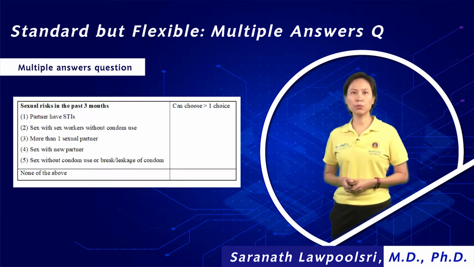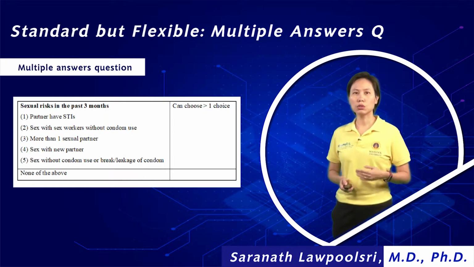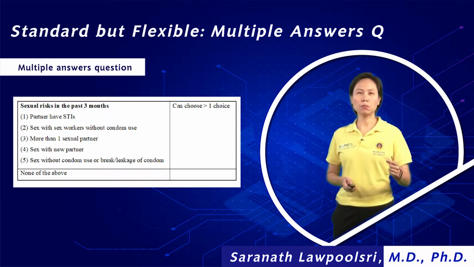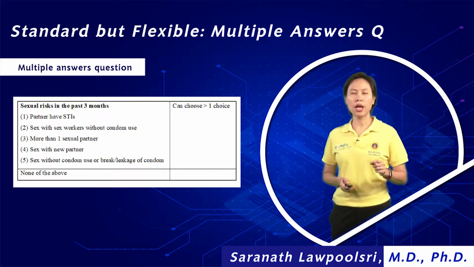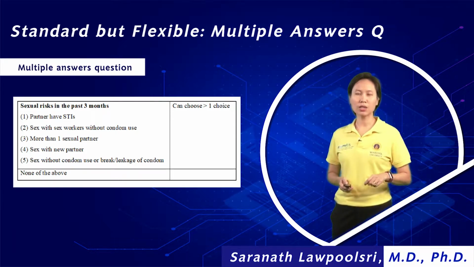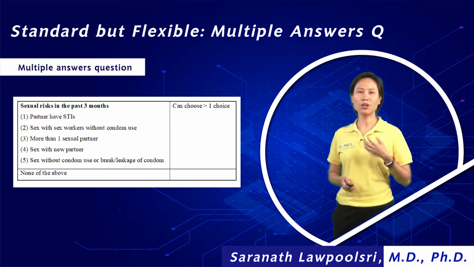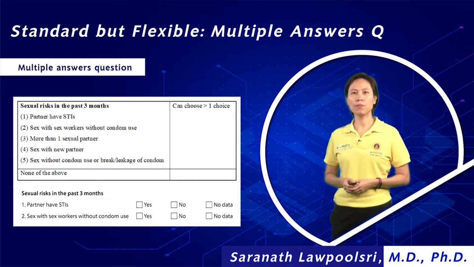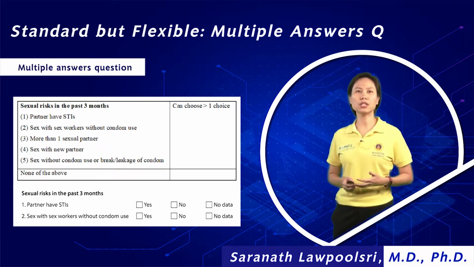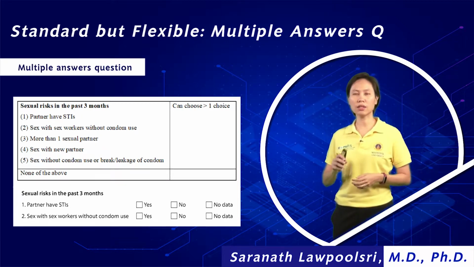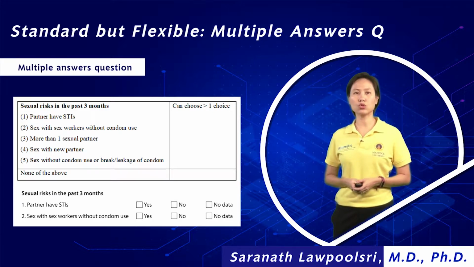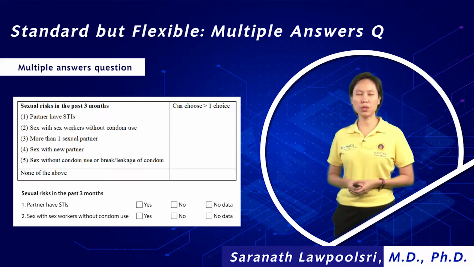And again, for multiple answer questions, you have to design the CRF very well to make sure that people can answer the question in the way that you propose or the way that you want. For example, in this CRF, they just put the list of the conditions and let the participant choose, and they can choose more than one choice. But how could they do it?